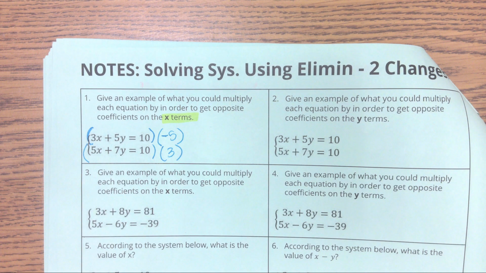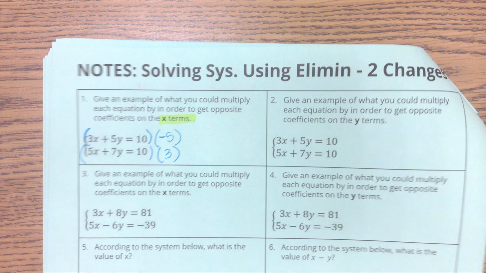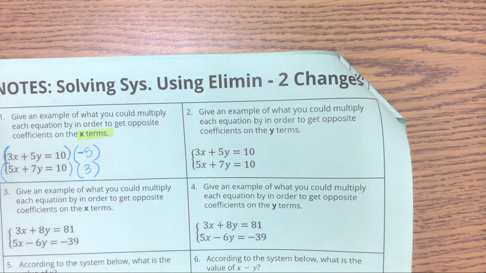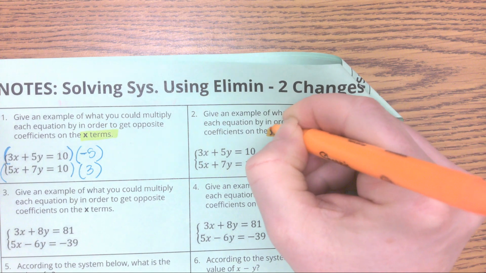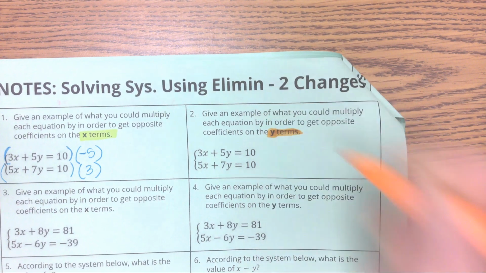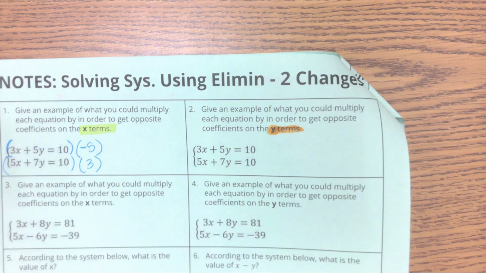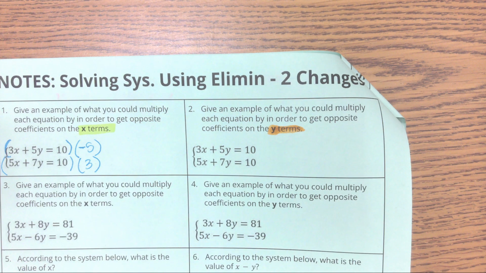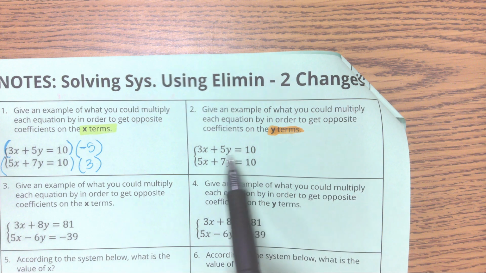Okay. Let's look across the page to this one. What if I asked you this time to eliminate the y terms? Any ideas on that? What could I multiply the top and bottom by this time? I have a 5y and a 7y.